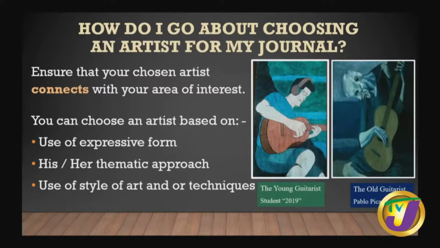And the student in like manner decided that this is something that I would like to do. You also see technique as an element because both of the pieces somewhat mirror each other in terms of the style that is used to render both pieces. And so you see how these artists would have connected, one, through the expressive form, two, through the thematic approach, and three, through the techniques that are used. It's very linear and you can see it clearly.